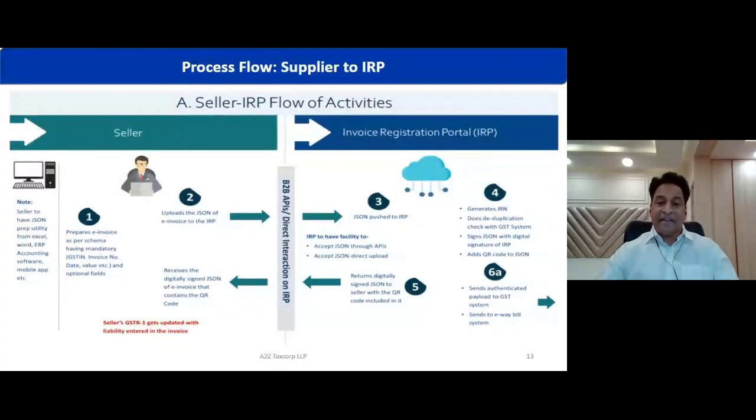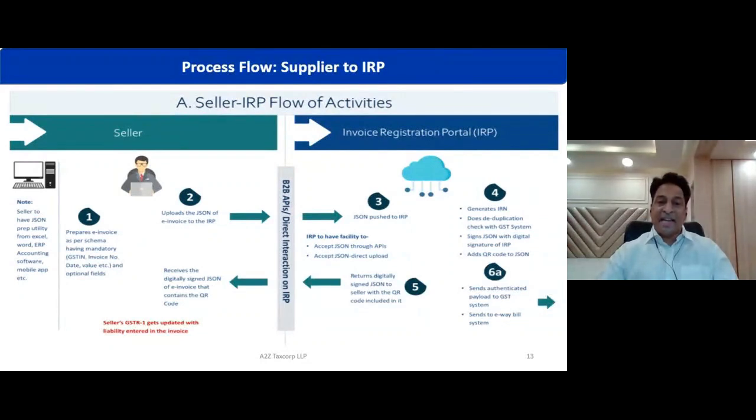In this activity, after receiving this digitally signed JSON that contains the QR code, the IRP is going to send the data to 2 portals. One is the GST portal and the other is the eWay bill portal. And with this process, when the IRP pushes the data to the GSTN common portal, your GSTR1 gets auto-filled.